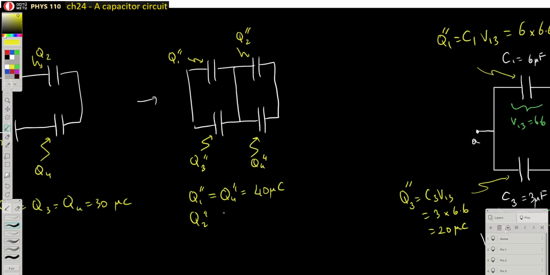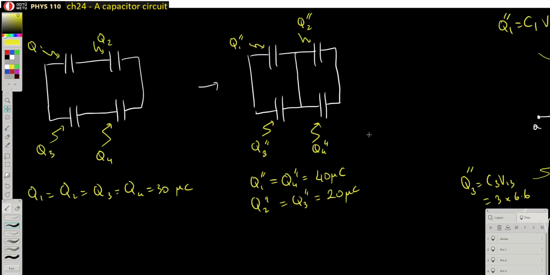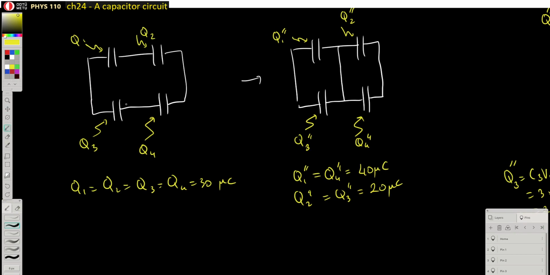And Q2 double prime and Q3 double prime, these are 20 microcoulombs. So that means when I make this connection, there was some charge flow on the circuit. Definitely, there were some 30 microcoulombs on this plate.